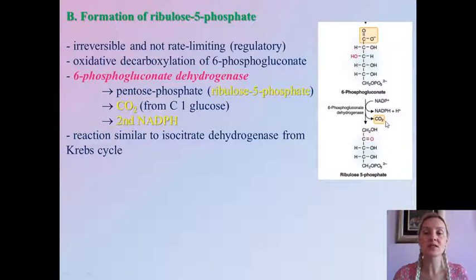Actually, this is an oxidative decarboxylation of 6-phosphogluconate, which means that one carbon dioxide is removed from carbon number 1 of glucose, and we get ribulose 5-phosphate, which is a pentose phosphate molecule, a ketose molecule, and the second NADPH, the last NADPH, is formed. The mechanism of this reaction is very similar to the isocitrate dehydrogenase reaction taking place in the Krebs cycle, if you remember.